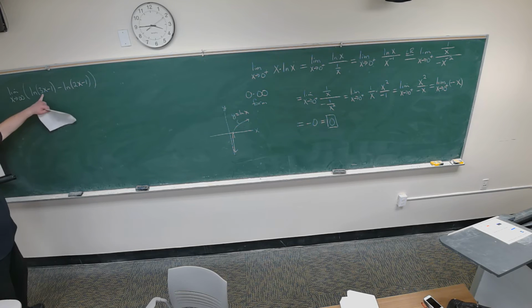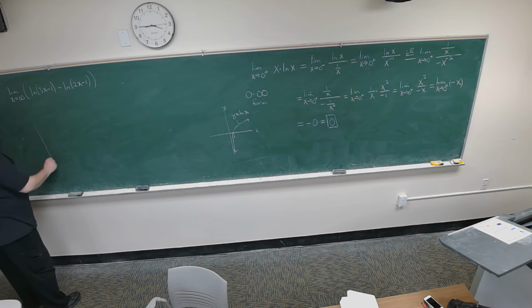So the arguments going into the natural log function in these two cases, if I were to set y equal to 3x minus 1, you would note that y equals 3x minus 1 is the equation of a straight line with a slope of 3.